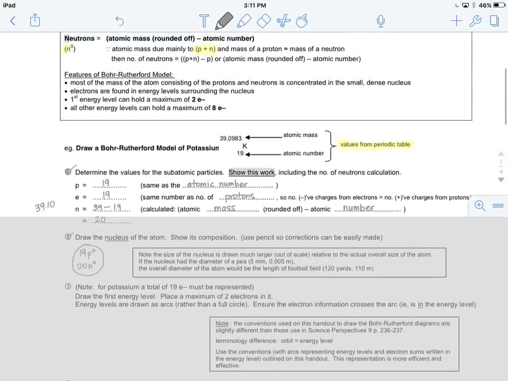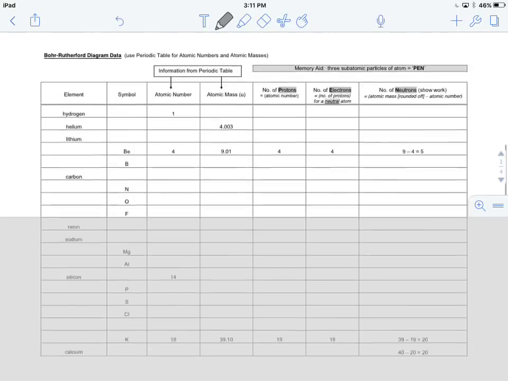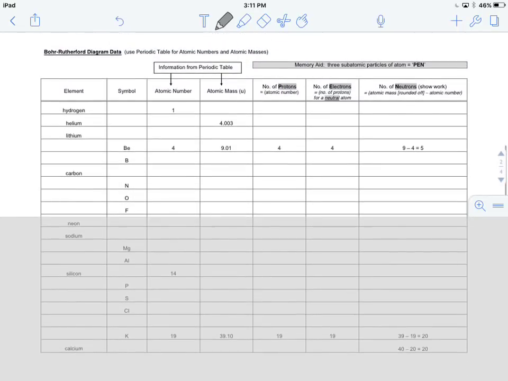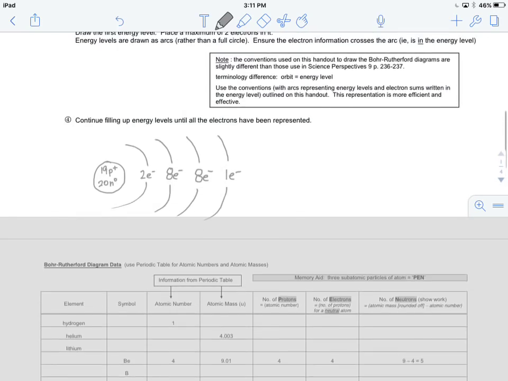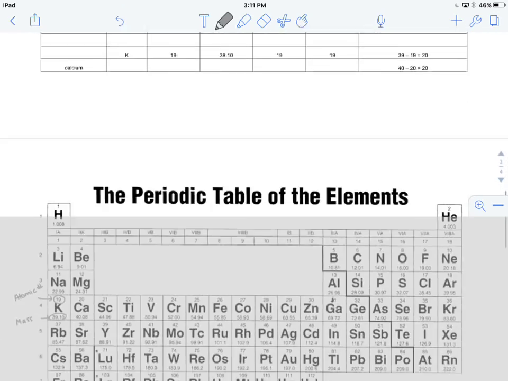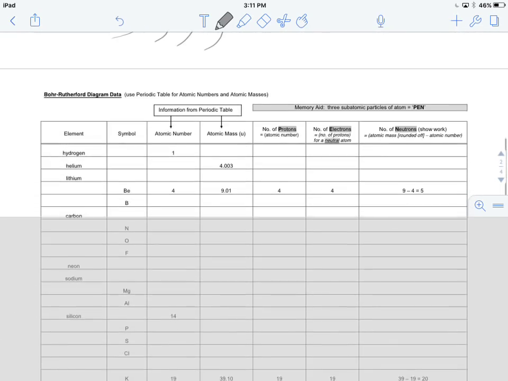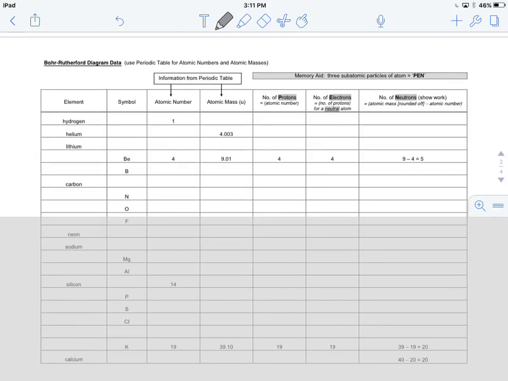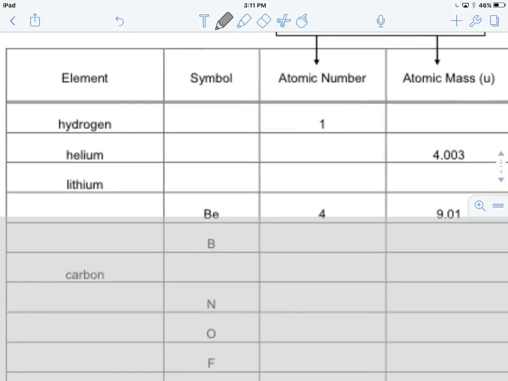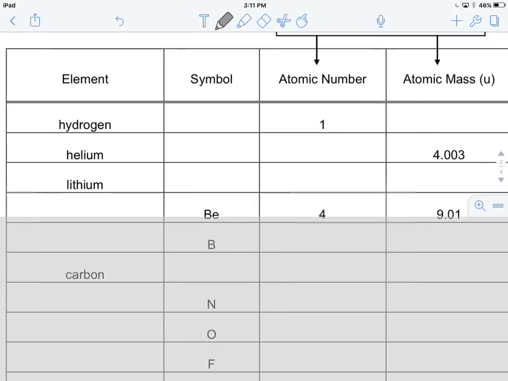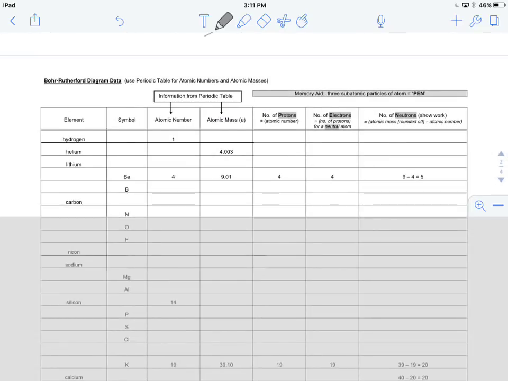What you're going to be tasked with is to draw the Bohr Rutherford diagrams for basically the first 20 elements. You have a handout that you'll be given, and in here we've got all of the different elements with their data.